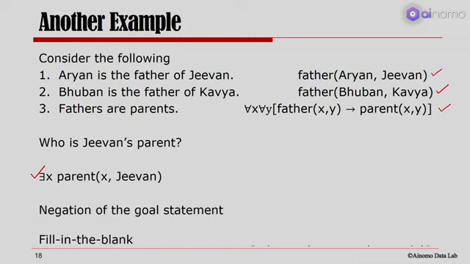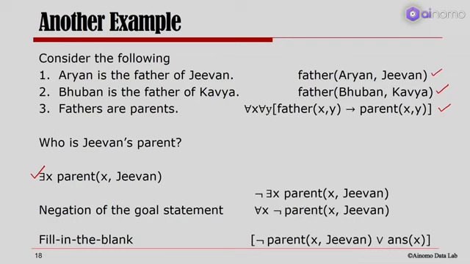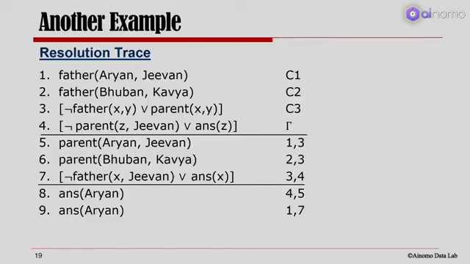Now, in order to do a fill in the blank question answering, I can take the negation of the goal, which is not of there exists parent x, Jivan, and this is not parent x, Jivan. I could add the answer literal, answer of x, and thereafter I could do a resolution proof for this.